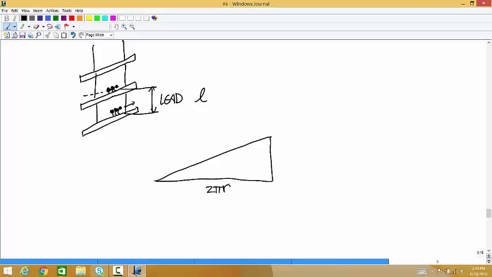That's the circumference. And over here you'd have the lead. And this is the angle that you want to find. So theta then is equal to the inverse tangent of L over 2 pi r.